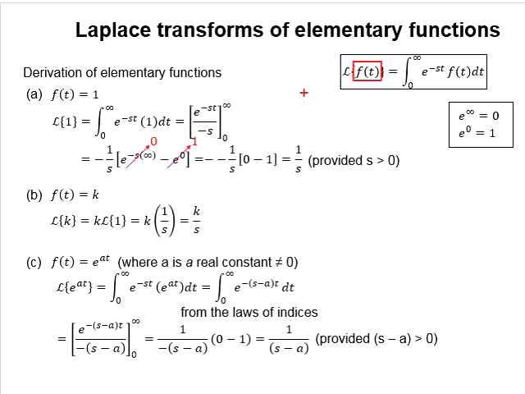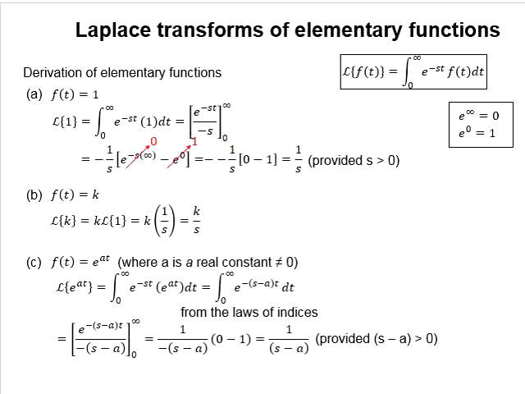Taking f(t) equals to 1. Substituting this 1 into the formula of the Laplace transform, you will get this. Integrating this, you will get this. The boundary conditions range from 0 to infinity. Substitute the upper boundary, minus the lower boundary.